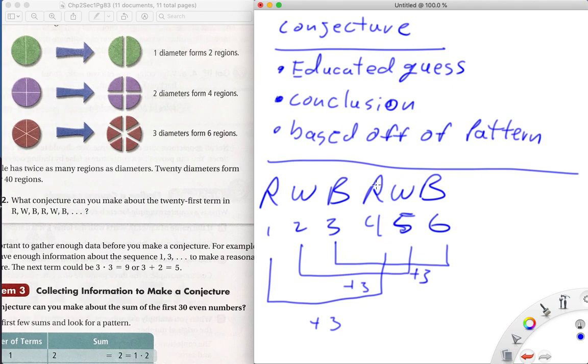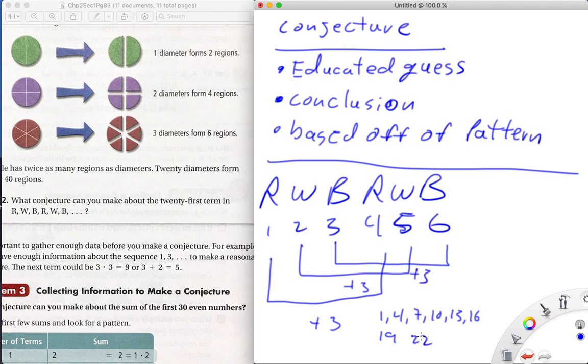So I'm just starting with R. So we're talking about 1, 4, 7, 10, 13, 16, 19, and 22.